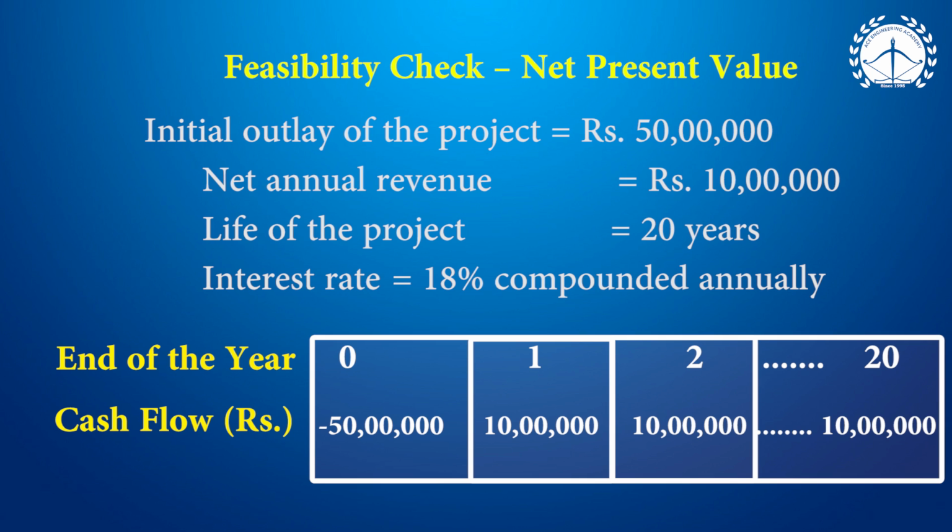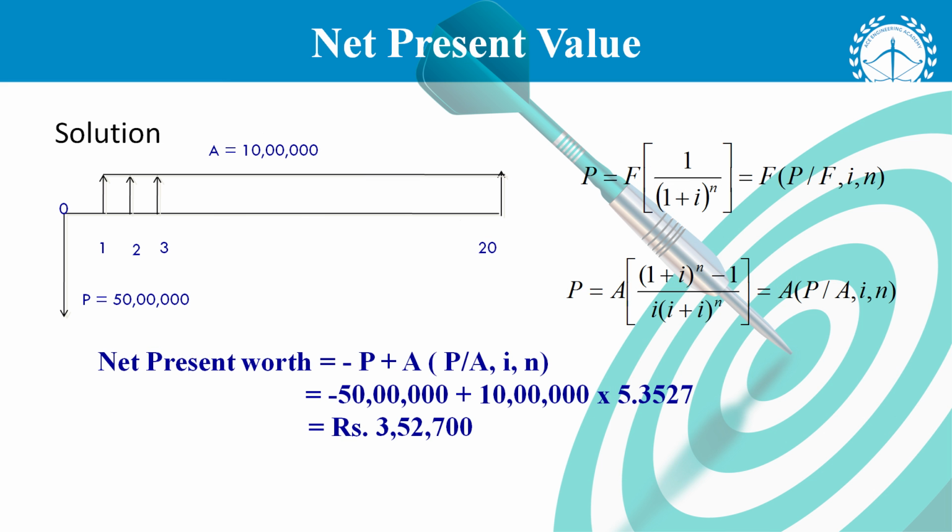This can be shown in the cash flow diagram, and we can observe here the present value 50 lakhs, every year 10 lakhs, everything we have to convert into present worth. So we have some formulas. Okay, net present worth in this case we got around 3,52,700. That means we got a positive value. From this we can conclude that the present worth is positive, hence the project is economically viable.